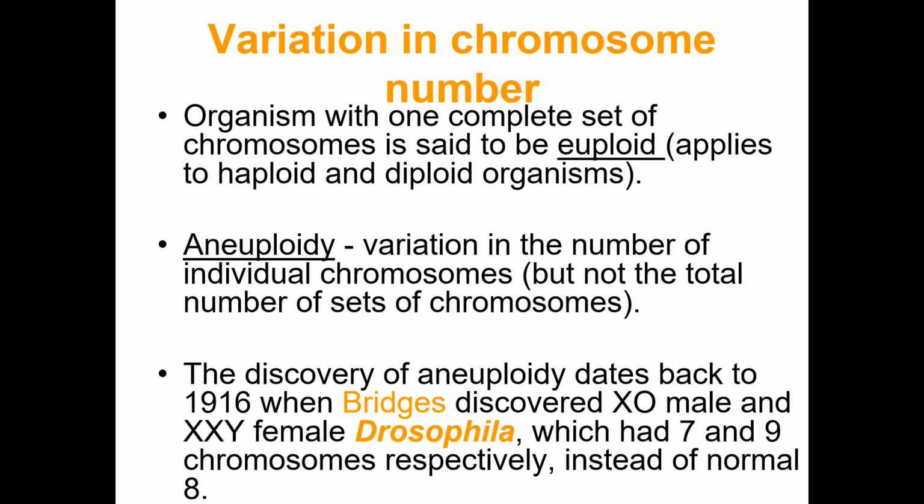In 1916, Bridges discovered a male with an X0 chromosome constitution, while the female, which should have XX, had two copies of X and one copy of Y. There is an increase in total. As a result, instead of 46 chromosomes, there are 47 chromosomes. But in the earlier case, the X0 condition, instead of 46, there will be only 45 chromosomes.